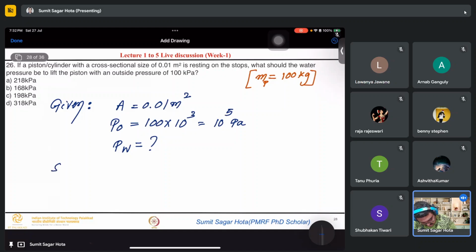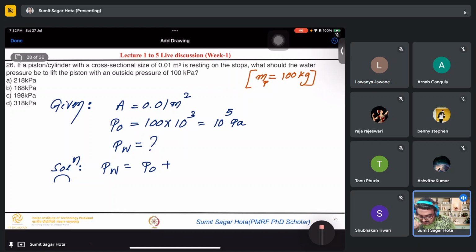So the solution. Pw is equal to P naught plus the weight of the piston.